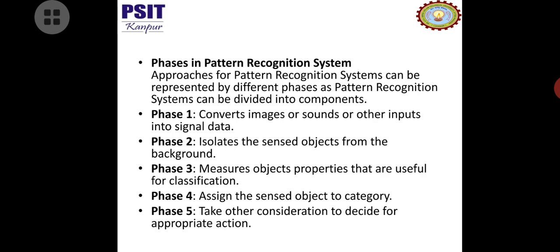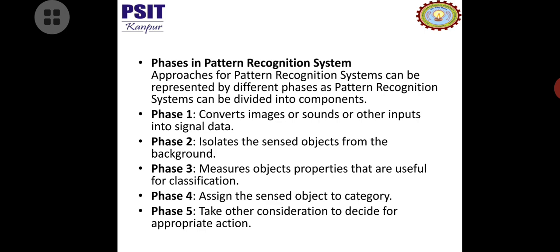On the basis of their properties, or the classification, it gives the category to the sensed object. In phase number 5, it takes other considerations to decide for appropriate action.